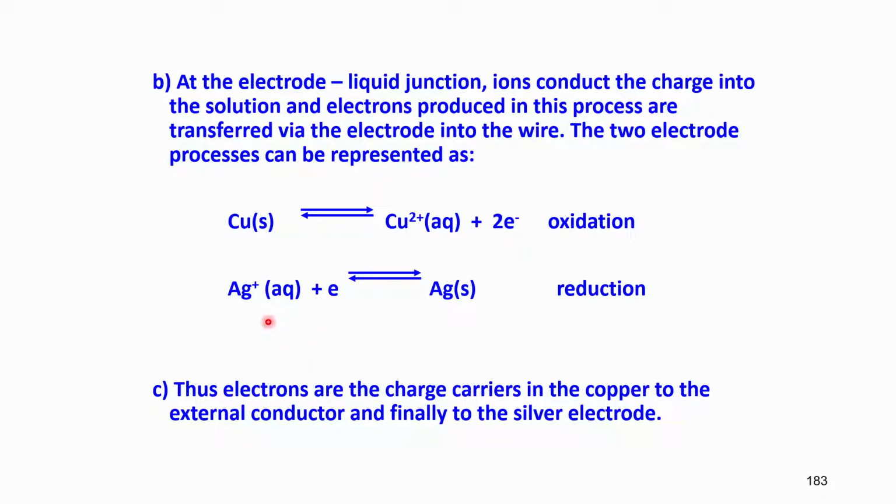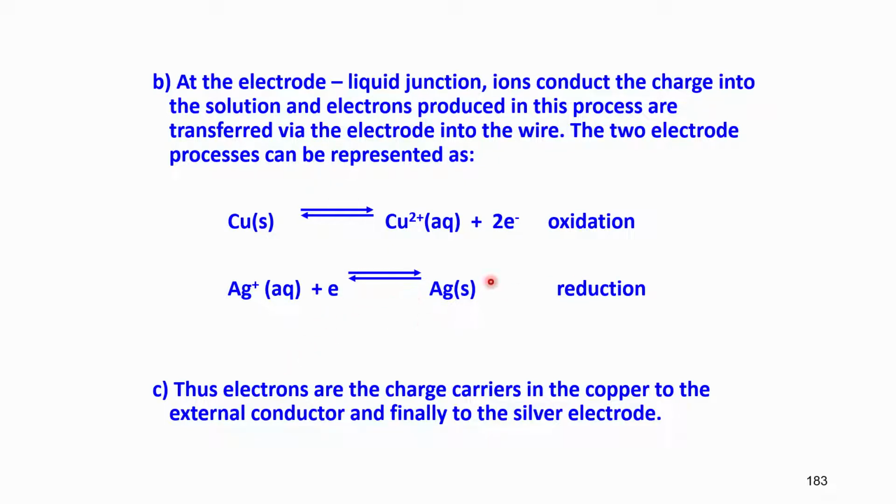On the other electrode, silver ions in aqueous phase will pick up the electron and form solid silver particles, which will deposit on the electrode. So, this is known as reduction. Addition of electrons is known as reduction.